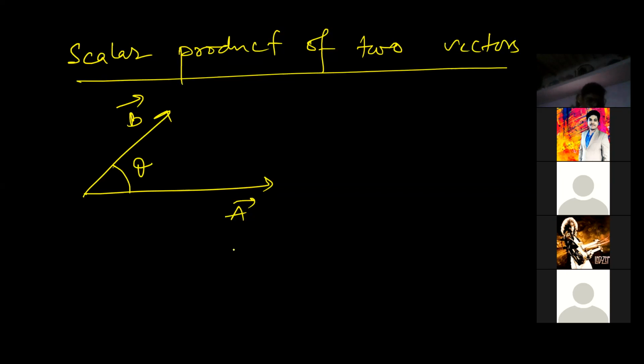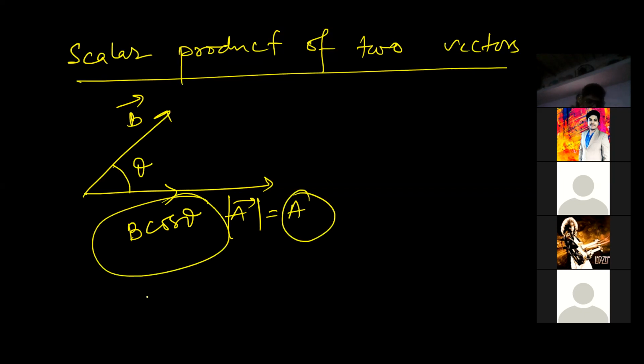The horizontal component of B vector, which is working along the A vector, is B cos theta. And if I consider the magnitude of A vector as A, then along the horizontal line the two components working are A and B cos theta.